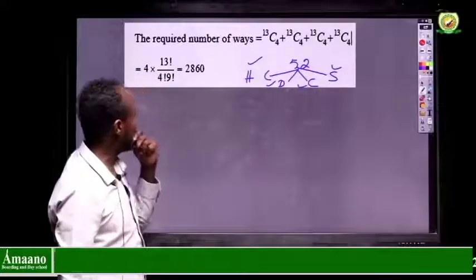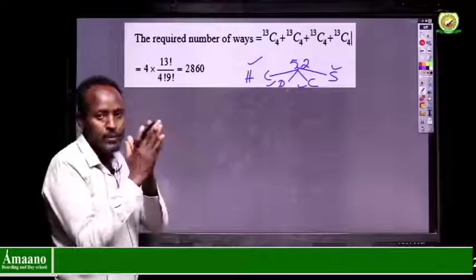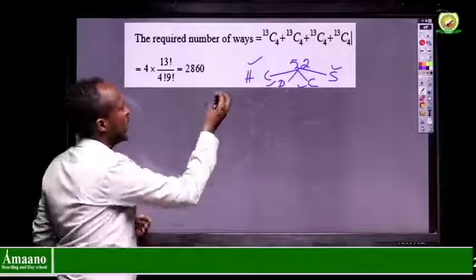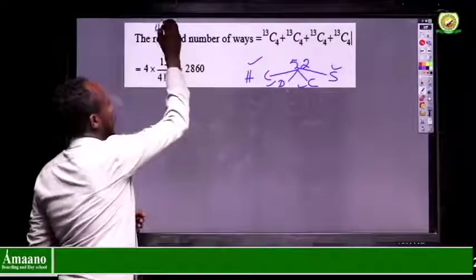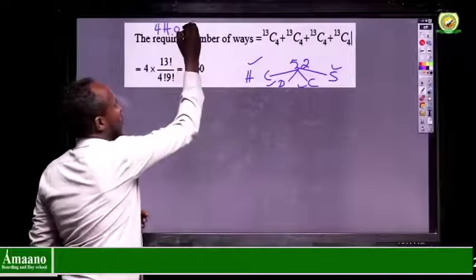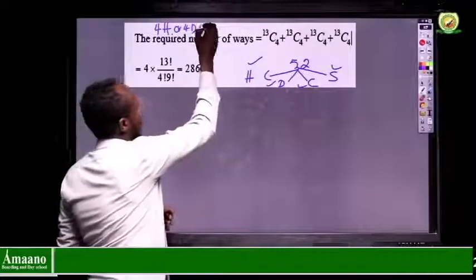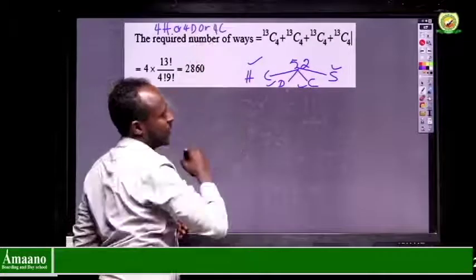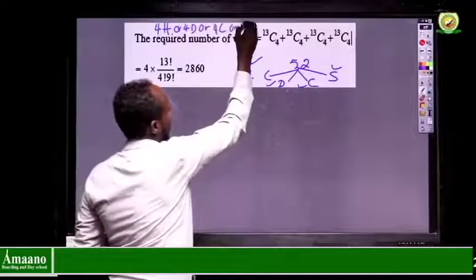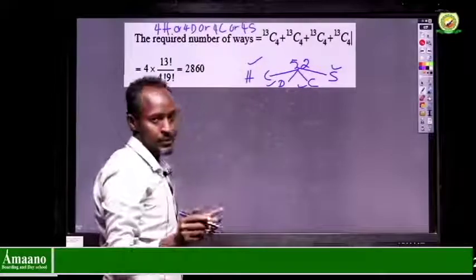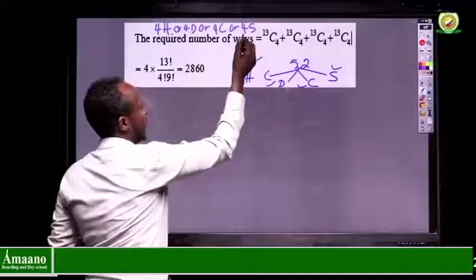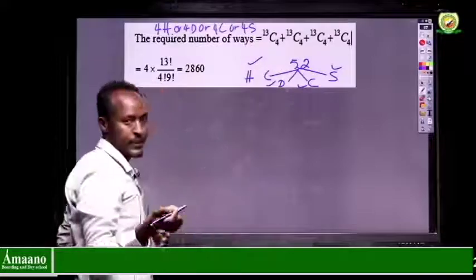Therefore, we want to have 4 cards of the same suit. It means that we can have 4 heart cards, or 4 diamond cards, or 4 clubs, or 4 cards from the spades. Or means addition in probability.